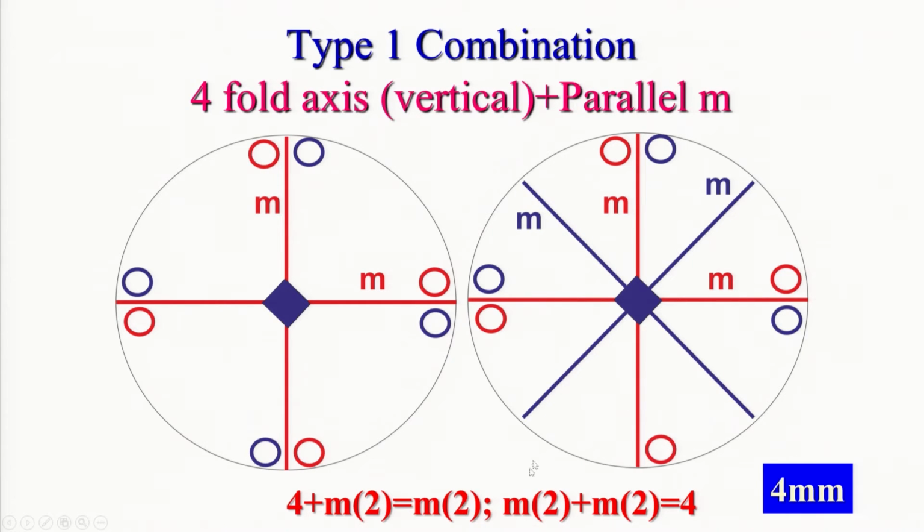What you see is that you started with 4 and two mirror planes of one type, related to each other by 90 degrees, and they have generated another type of mirror planes, shown by blue, also 2 in number.